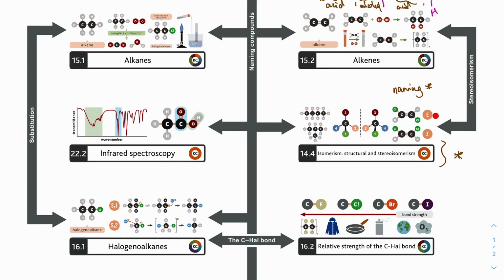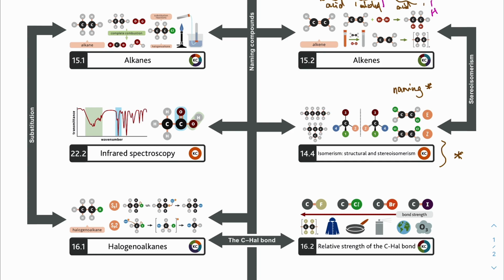So this is the trans, which is the E, and this is the cis, because between hydrogen and chlorine, this is the high priority group. Same deal here. This is the high priority group. They are on the same side of the carbon-carbon double bond. You can get the cis isomerism. But between the cis and the trans, they are not the same, because you cannot rotate about the double bond, whereas you could rotate freely about a carbon-carbon single bond.